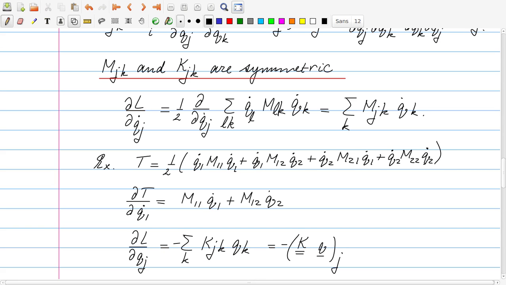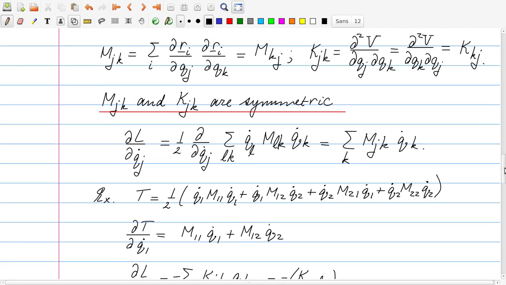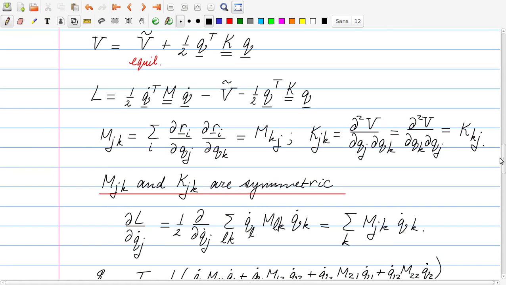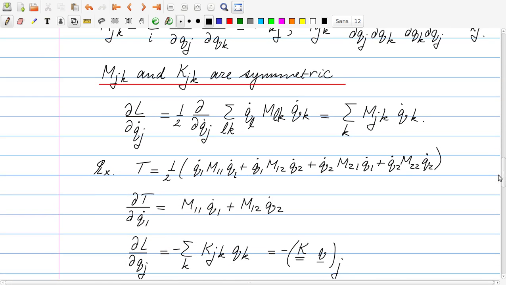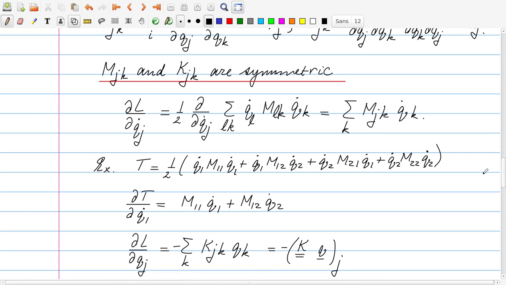We also need the derivative of the Lagrangian with respect to the q_j, and that derives from the term with the minus K_jk. That term has a form very similar to the one with the M, and so the analysis proceeds along exactly the same lines, and we arrive at a very similar result, which is that dL/dq_j is minus the matrix K times the vector q, and then the jth component.